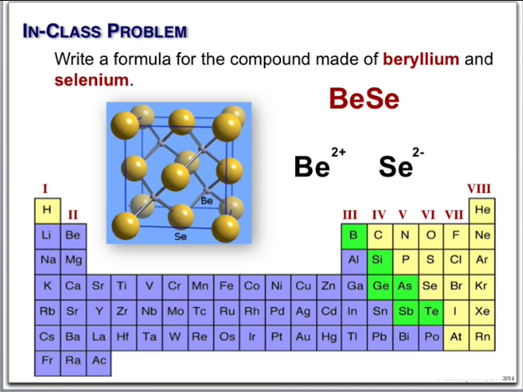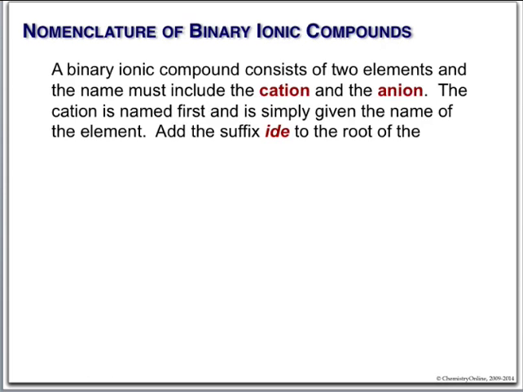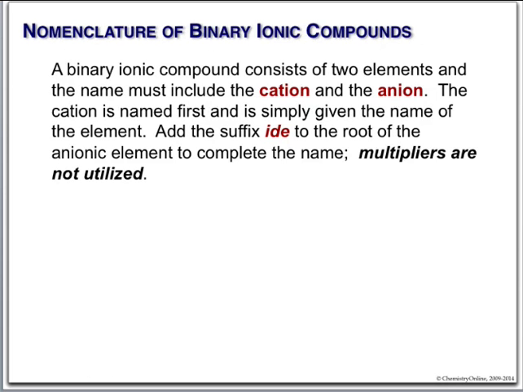Now, as we've done all of these things, I've been naming them. I'm sure you're sitting back saying, gee, I wish I could name them too. Well, it's actually very simple. The name has to contain both the cation and the anion. It's going to be 2 words, 2 separate words with a space in between. First word is simply the cation.